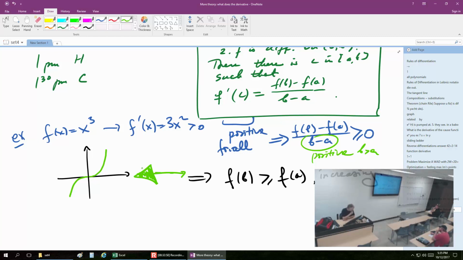Okay, so let me put this once again in precise terms, because we want it to be precise, just as these theorems are precise. We want to now formulate the idea of monotonicity as a precise term.